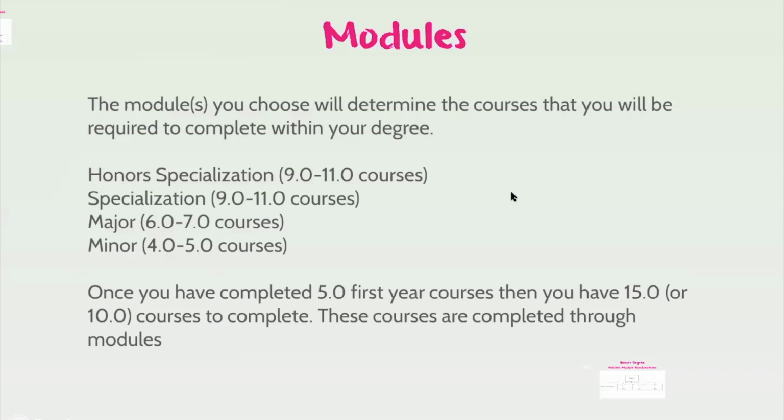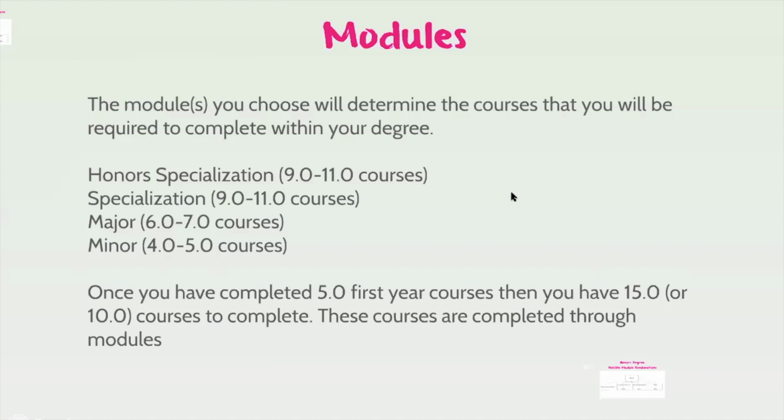And again, the difference between the honor specialization and specialization would be both the grade requirement as well as the different degree types. So honor specialization is just a part of the 4-year honors degree, and the specialization is part of the 4-year bachelor degree. And then sometimes there's different courses that are comprised for each of them, especially in upper years.